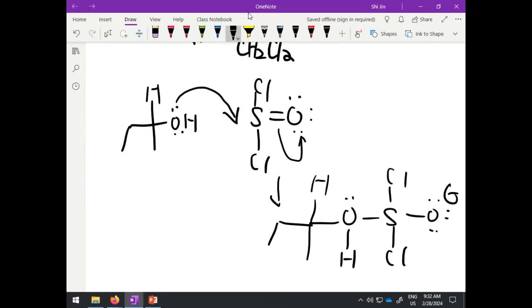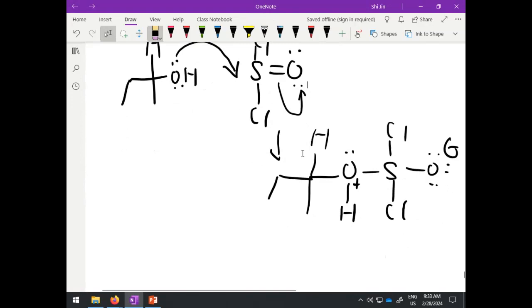This gives you this intermediate. Where's the extra electron? Oh, extra pair. Yes, that's correct. The next thing is that this reaction usually uses some kind of organic base, which could be just pyridine.